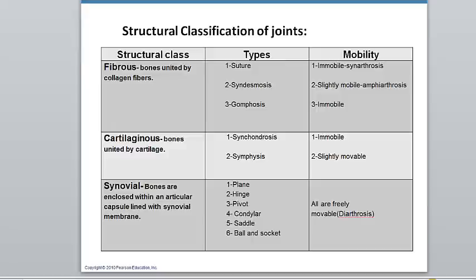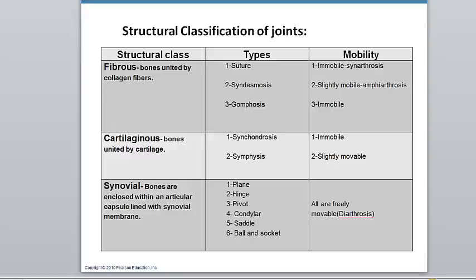Moving on from fibrous, it's cartilaginous joints, where the bones are held together by cartilage. So you have two types again, synchondrosis and symphysis. Remember, chondr means cartilage. And the last one is the synovial joint, which is the freely movable or diarthrotic joint.